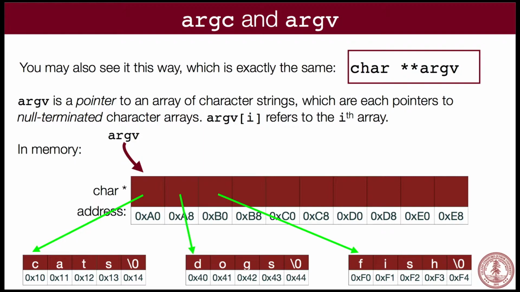C, A, T, S, 10, 11, 12, 13, 14. Does anybody know why that's the case in here? Yeah. Because they're characters. And what did we say on that other slide? Characters are each 1 byte. So when you're talking about a character string, each one is 1 byte here. When you're talking about an array of pointers, each one has to be 8 away from each other.